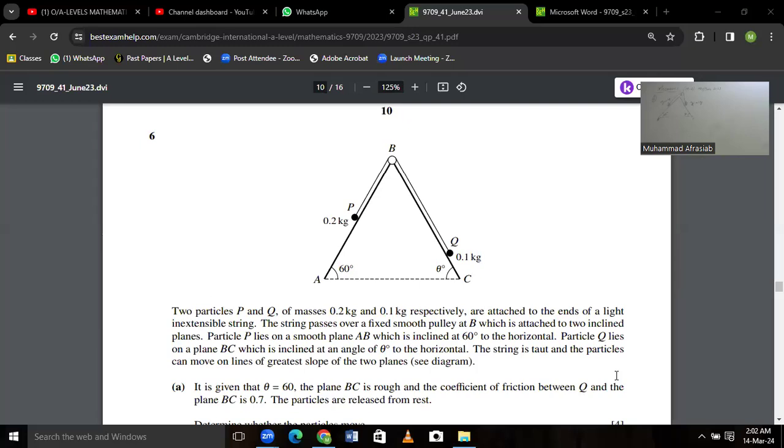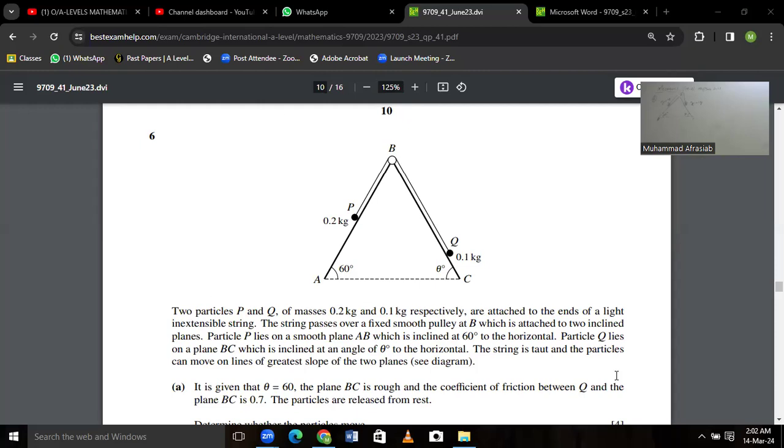Two particles P and Q of masses 0.2 kg and 0.1 kg respectively are attached to the ends of a light inextensible string. The string passes over a fixed smooth pulley at B, which is attached to the two inclined planes. Particle P is lying on the smooth plane AB, which is inclined at 60 degrees to the horizontal.